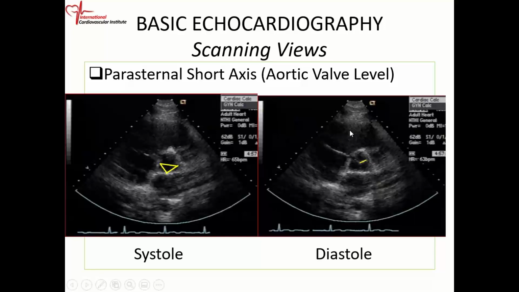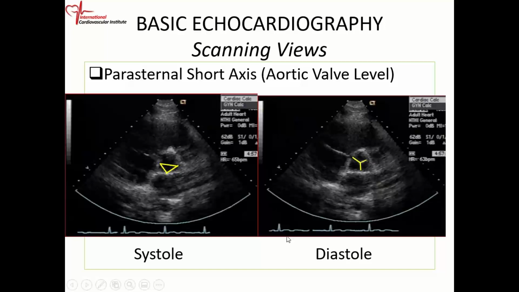Again, the right ventricle is right there. It's a right ventricular outflow tract. Sorry, it's a right ventricular inflow tract. This is a tricuspid valve. The right atrium, atrial septum. The left atrium is right there. Over here, you have the pulmonic valve, the pulmonary trunk, and the pulmonary trunk is going to divide.